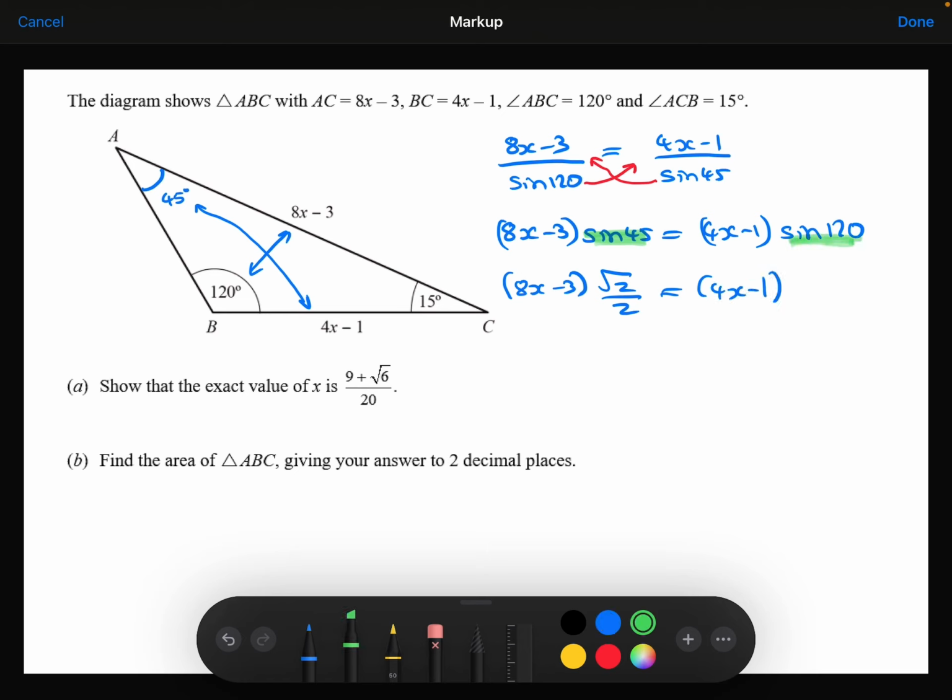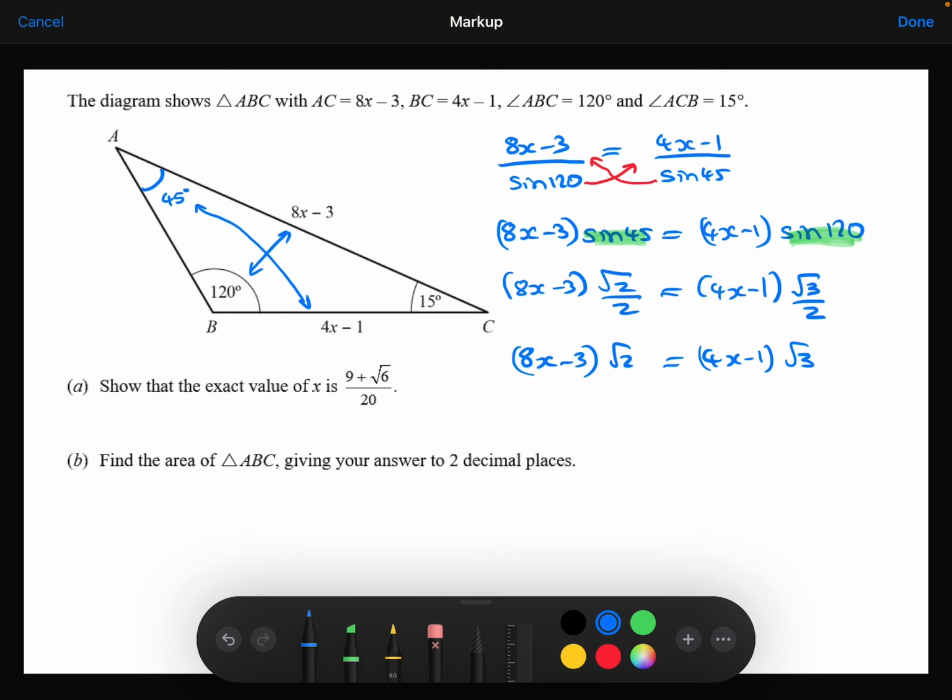The sine 120, I know that's going to be the same thing as root 3 over 2. And if I then multiply both sides by 2, that's going to get rid of those fractions. And now we've got an equation. I'm going to rearrange this to work out what x is going to be.